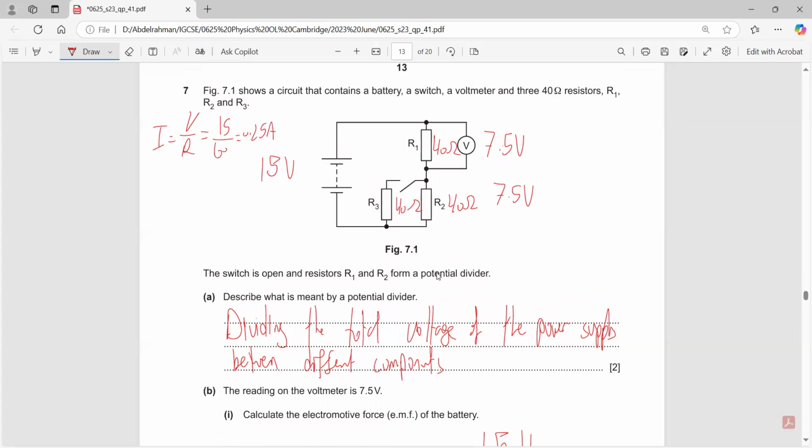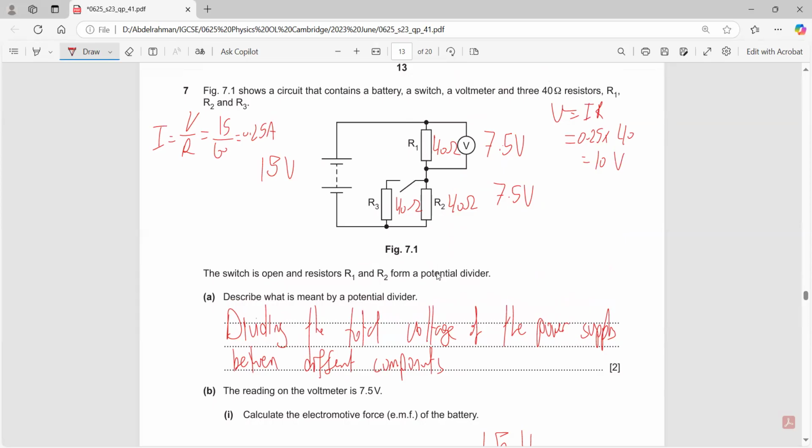This is the total current. And then V equals IR. I is 0.25, and the resistance of this resistor is 40. 0.25 times 40 is 10 volts. It's not wrong, you can use this way. The voltage would be 10 volts.